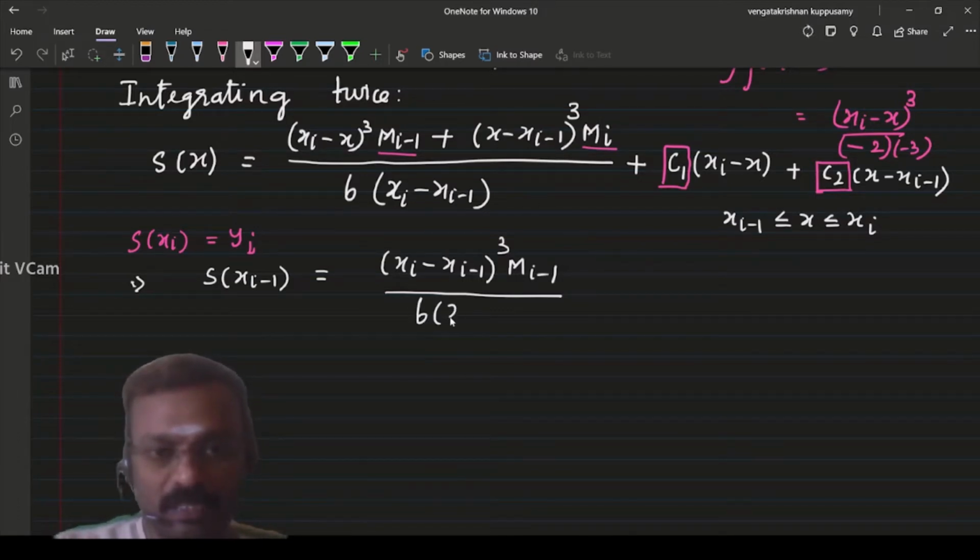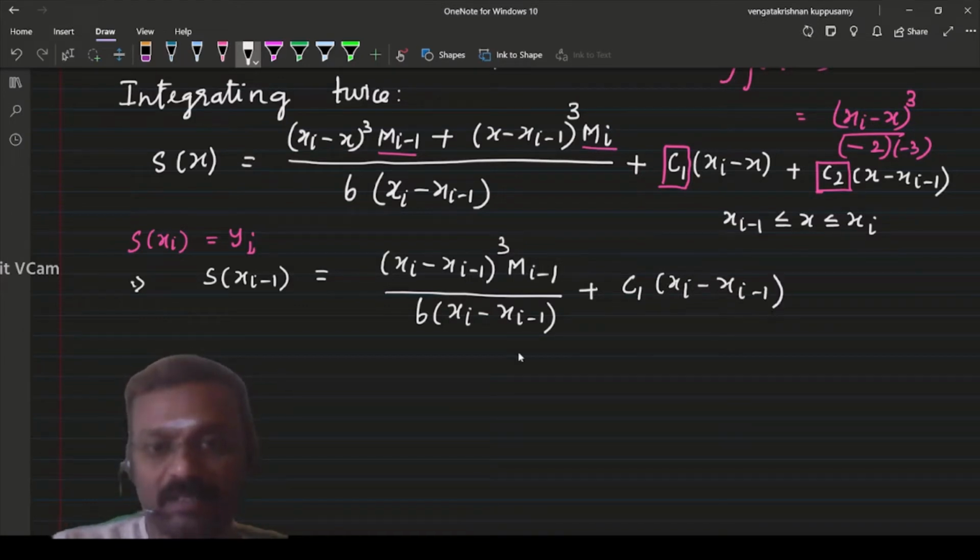So 6 into (x_i minus x_{i-1}) plus c1 into (x_i minus x_{i-1}). So cancelling out the common factor, our aim is to find the c1.